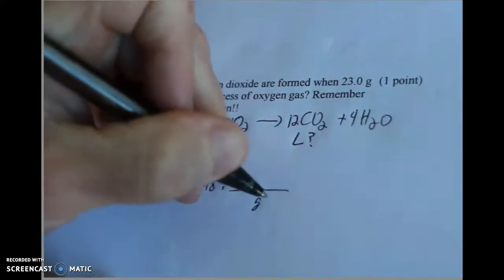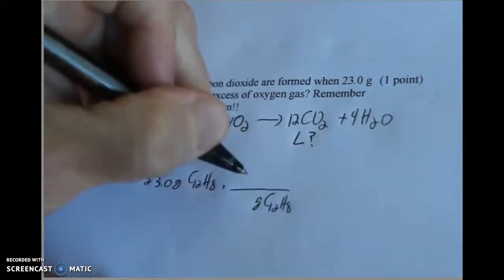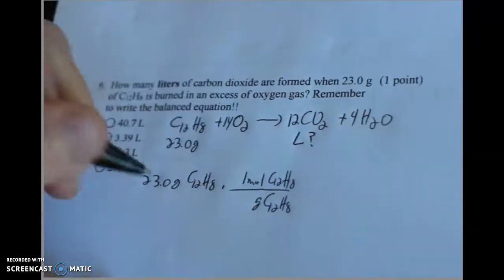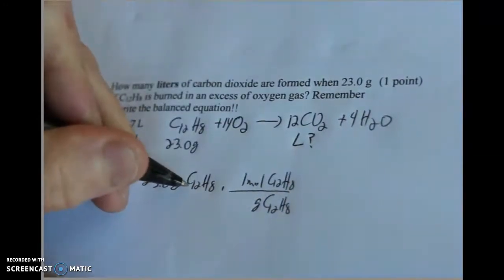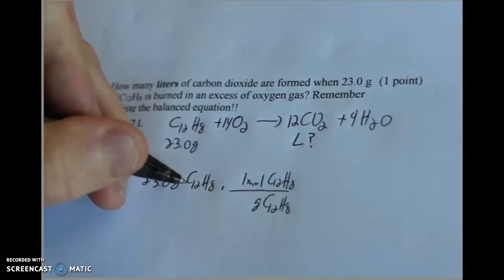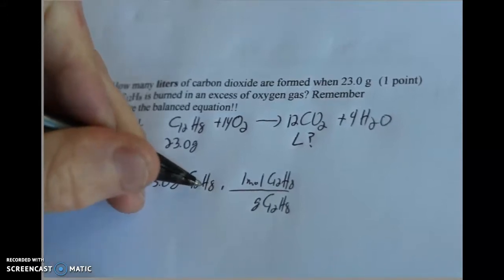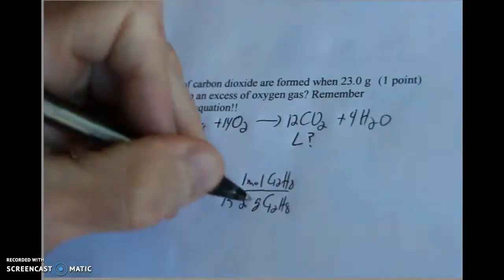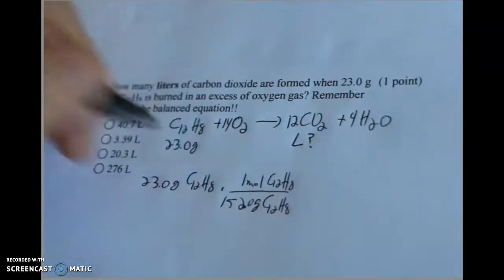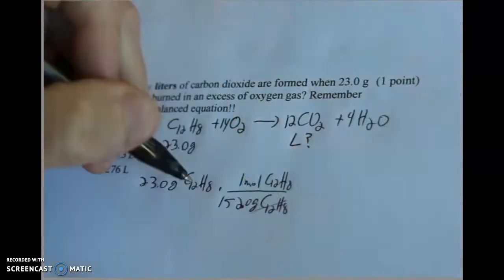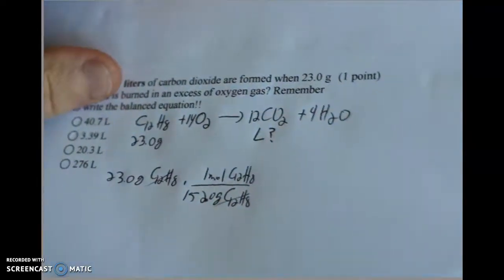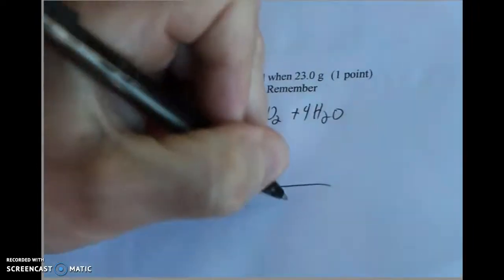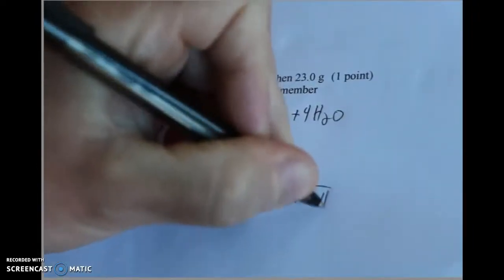So you put grams on the bottom, 1 mole up top of C12H8, and carbon is 12.0 a piece, and there's 12 of them, so that's 144, plus the 8 from the hydrogen, that's giving you 152.0 grams of C12H8. Grams of C12H8 cancel out. What you're left with is moles of C12H8, so that can go on the bottom.